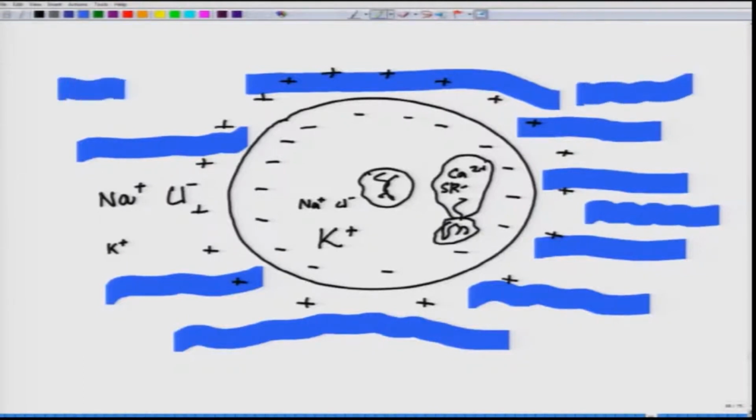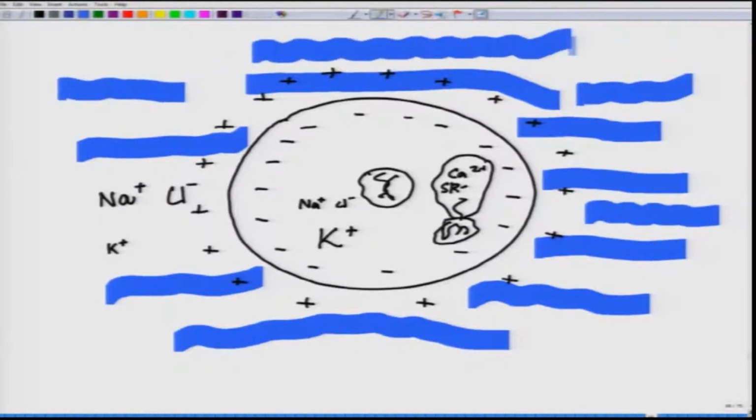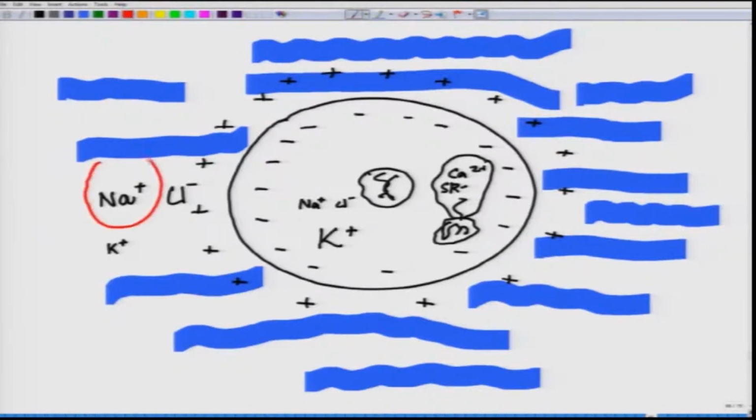In other words, when we talk about seawater, the concentration of sodium is fairly high along with the chloride ion concentration, as compared to the sodium and chloride inside. Vice versa, inside the potassium ion concentration is very high as compared to the potassium concentration outside.